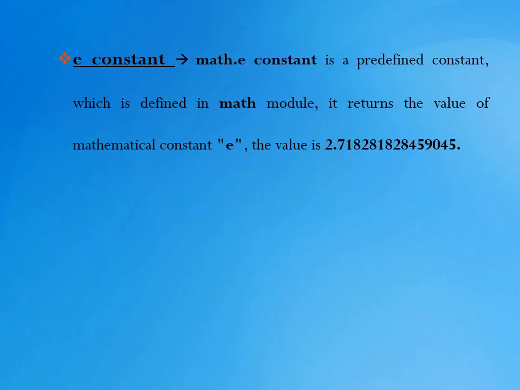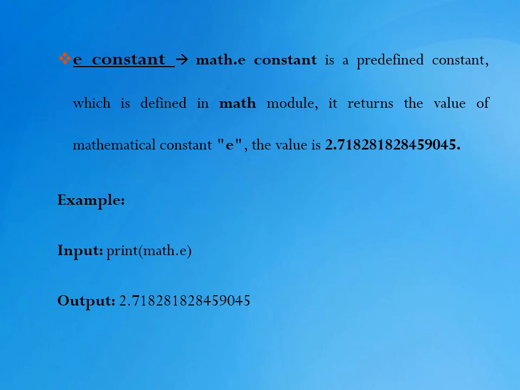Next, we will talk about the exponent constant, that is the E constant. Math.e constant is a predefined constant which is defined in the math module. It returns the value of the mathematical constant E. The value is 2.71. Again, we have to import the same module, the math module.